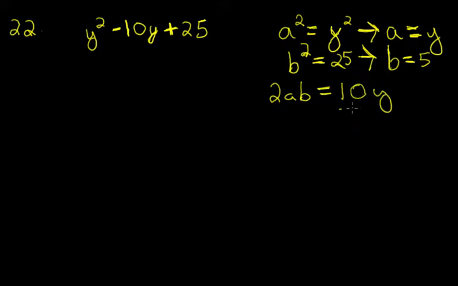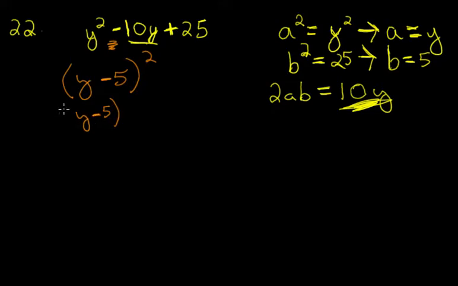And so this is really my check here. Do I have that? Well, I do. So I know that it's my a, which is y, whatever this sign is, minus my b squared. Well, let's check that. y minus 5 times y minus 5.